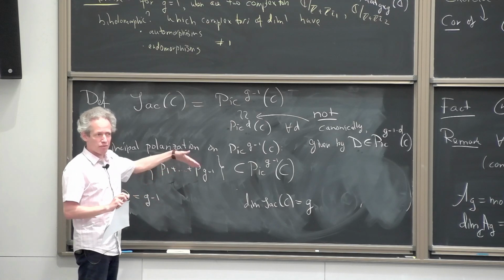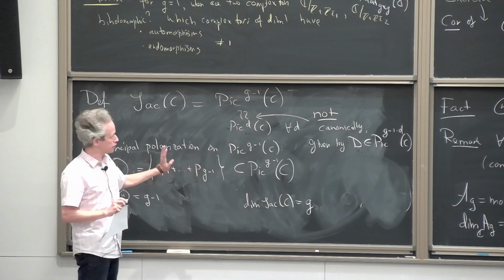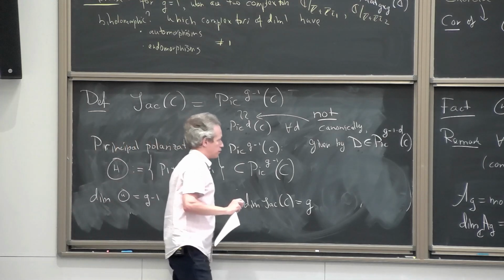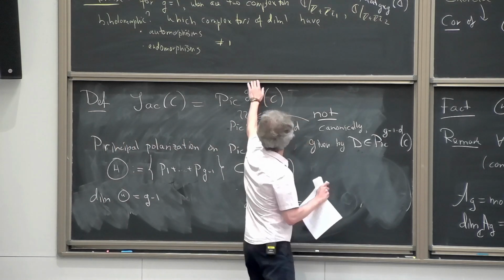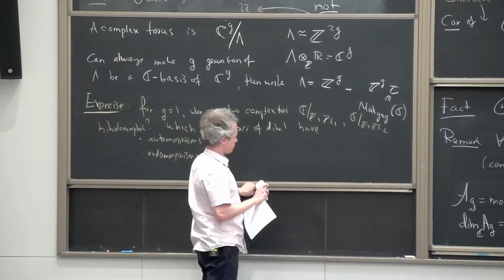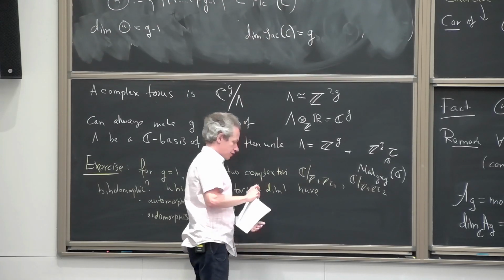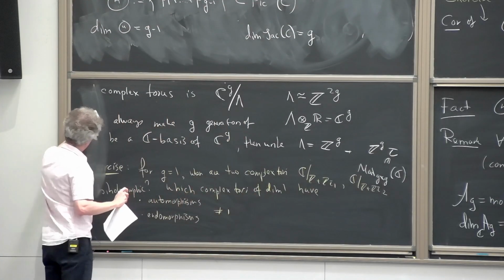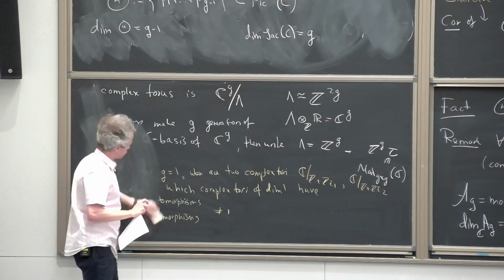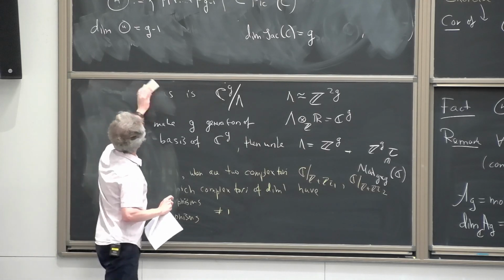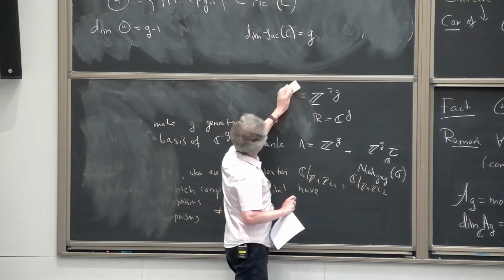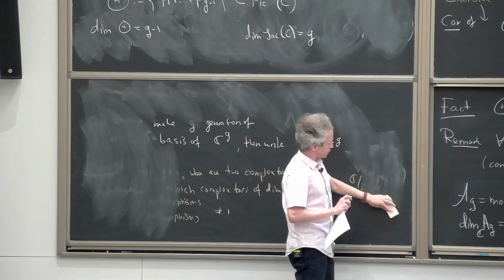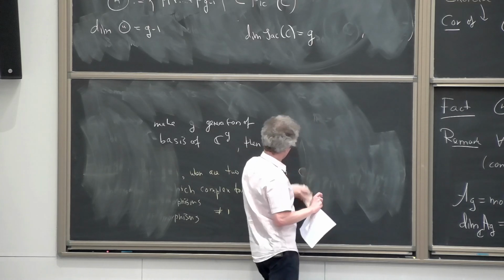The claim is that it's ample and has one section. This I'm not going to prove, but that's the definition of the Jacobian. This is not a definition of a Jacobian that is truly the best, because if I define it this way, it's not clear that the Jacobian is a group. And that's not nice.